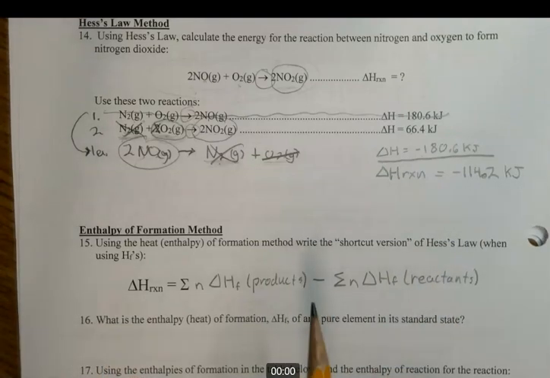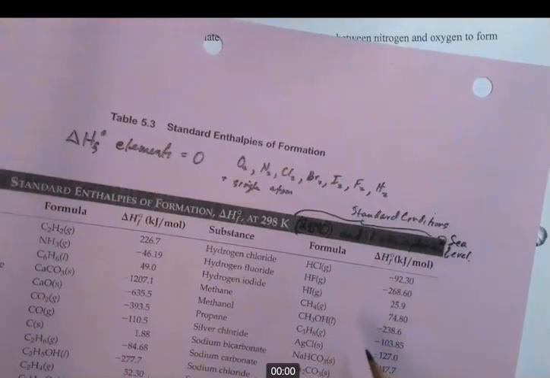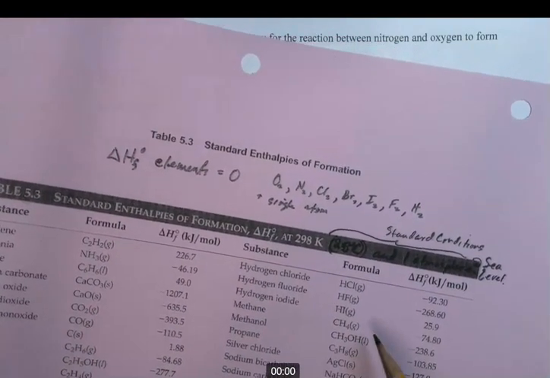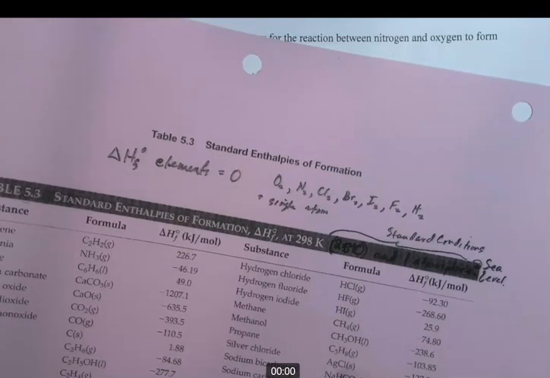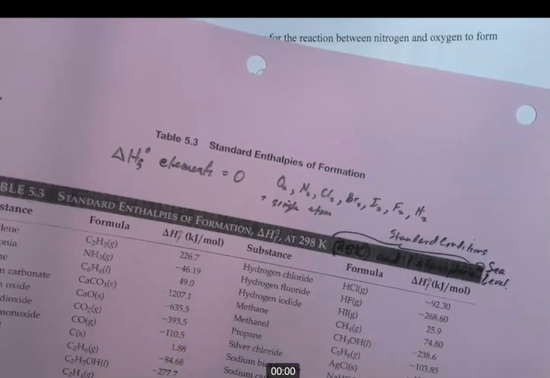Okay, simple enough. So let's go to our purple sheet. And of course the n means we multiply by the coefficient. So let's go to our purple sheet and find NO2. And we have NO2 here somewhere, I believe. Well, maybe not.